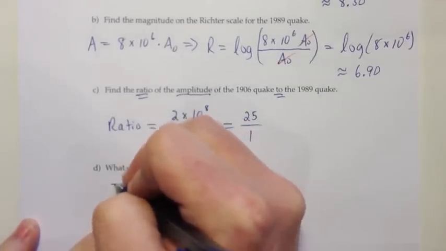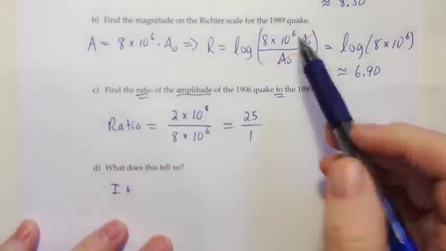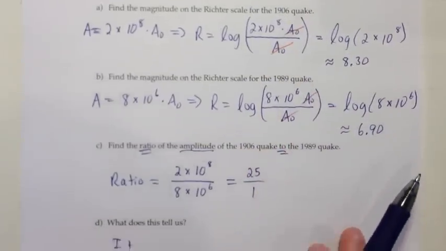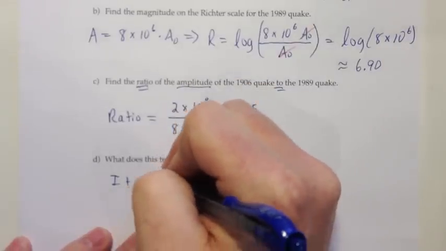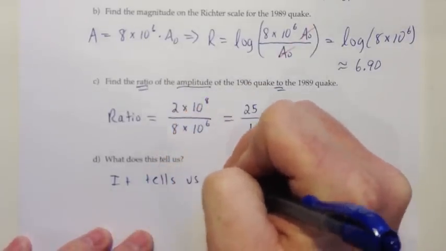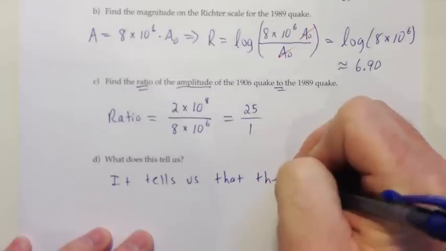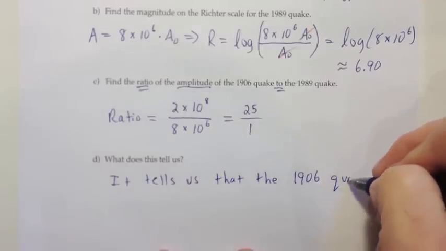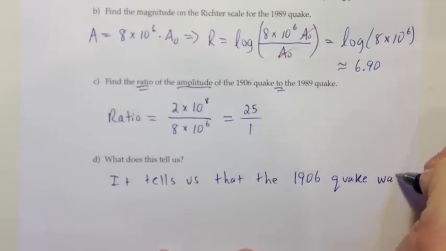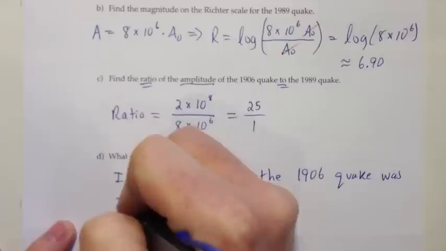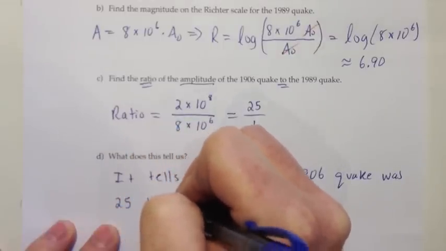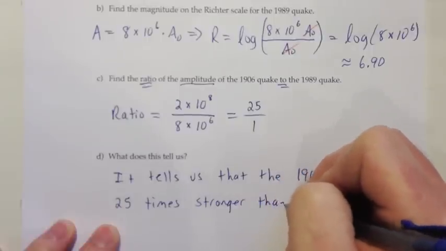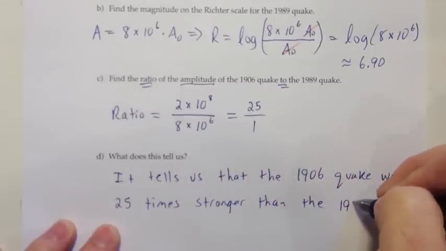I would say it tells us that the 1906 earthquake was 25 times stronger than the 1989 quake.